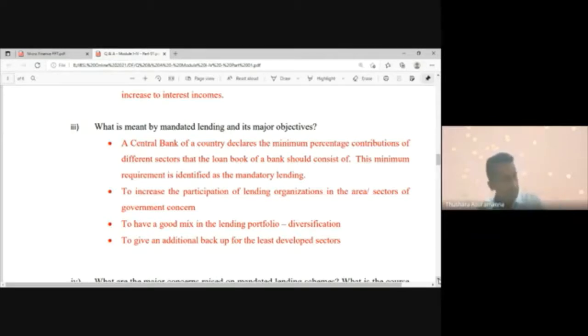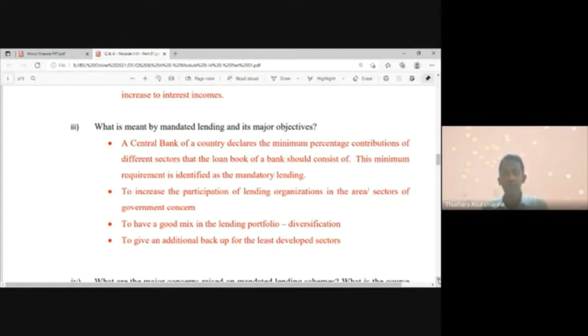Rather than engaging in, say, high net worth lending, corporate banking lending, or retail banking lending, the central bank wanted the banks to finance some other sectors which are not very attractive, by way of diversification. So diversification is good for us.